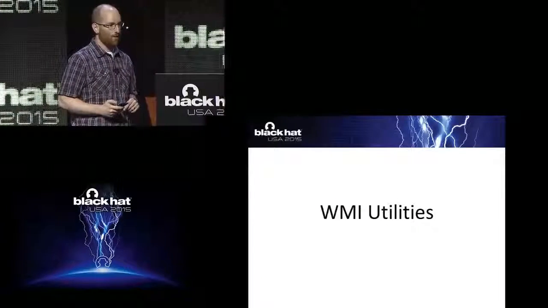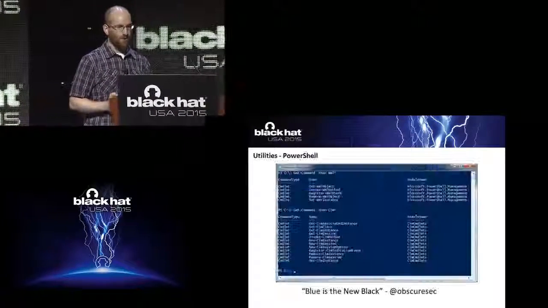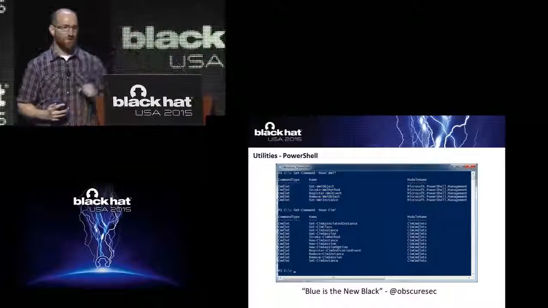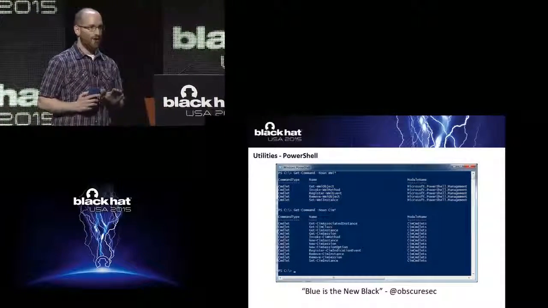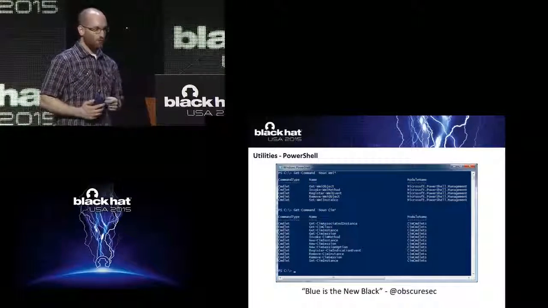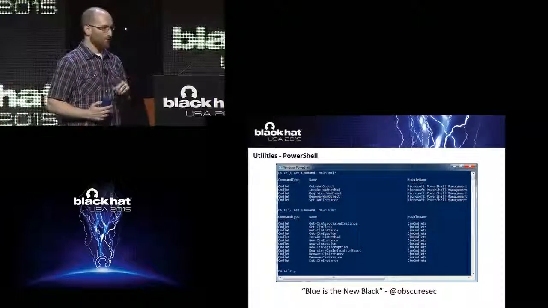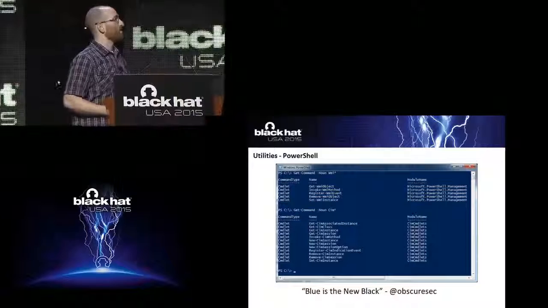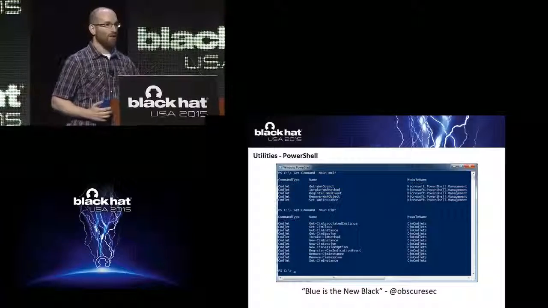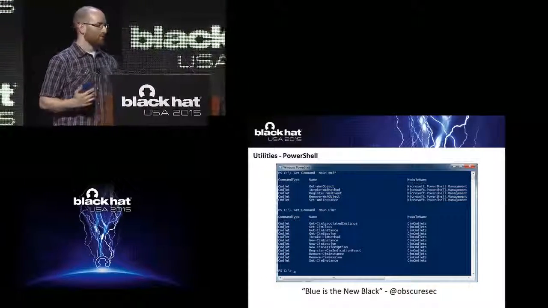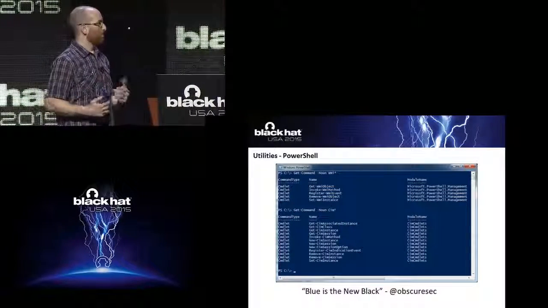All right, so how do we interact with this stuff? Yay, PowerShell. PowerShell is the best utility out there for interacting with WMI. This is a PowerShell version 3 window that you're looking at. What you see here is a grouping of both WMI cmdlets and CIM cmdlets. There's not really too much of a difference between the two.